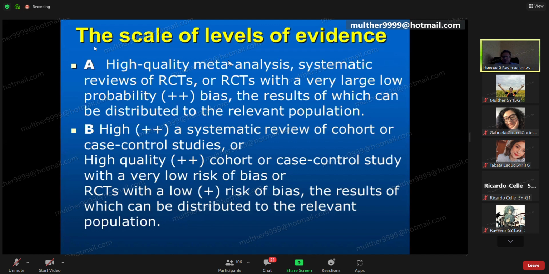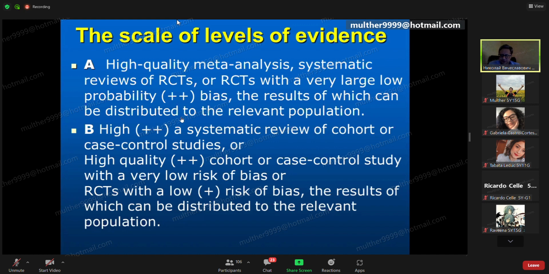If we see symbol A after any recommendation, it means high quality results or systematic reviews of randomized controlled trials, or RCTs with very low probability of bias.